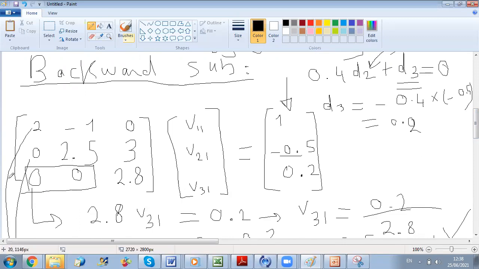So now it's better for me to start from the bottom, because if I start from the third equation, I get 0 v11 plus 0 v21 plus 2.8 v31 equals 0.2, because I'm solving with the third equation. So I can get v31, which is 0.2 over 2.8.